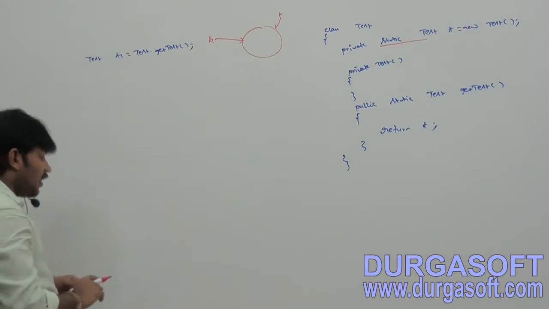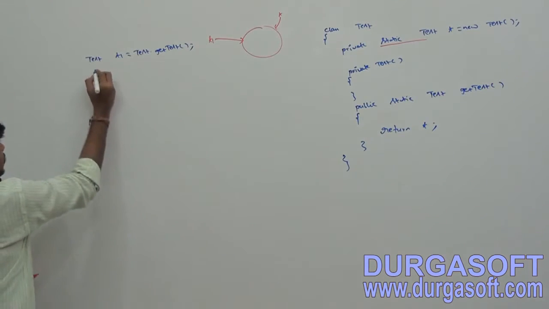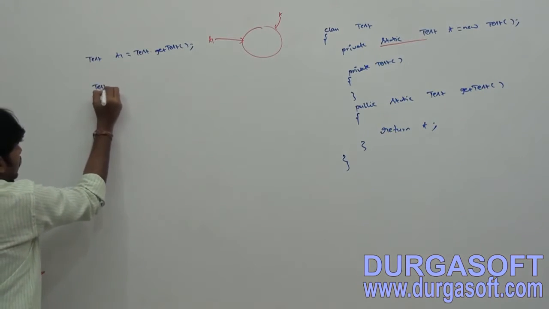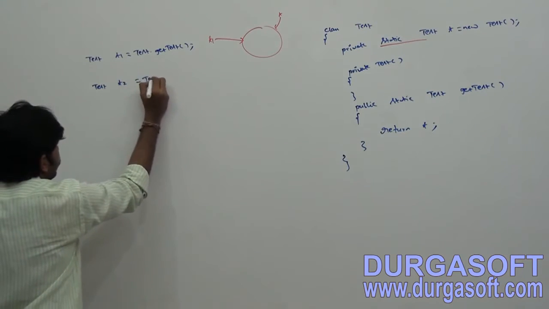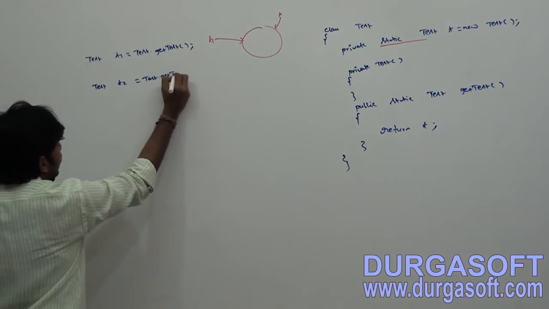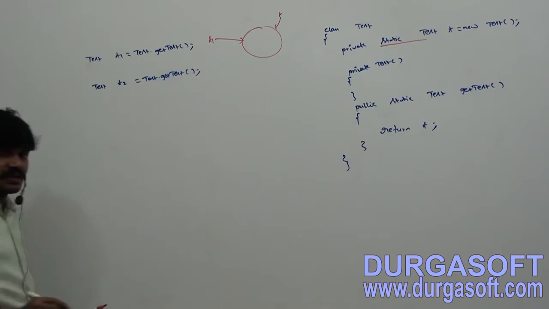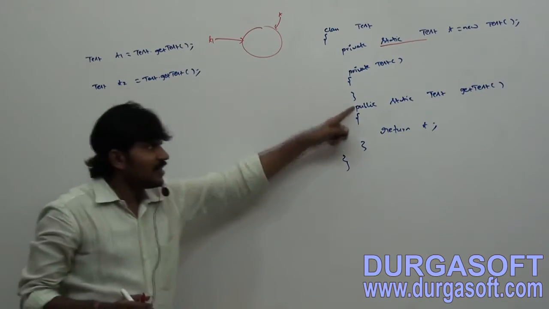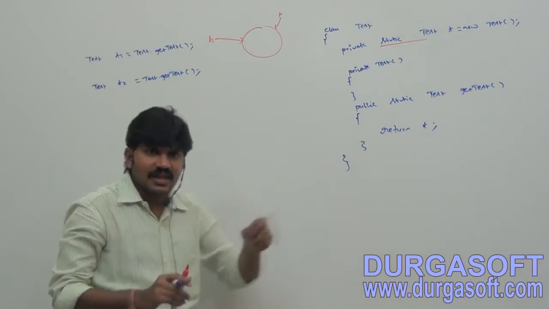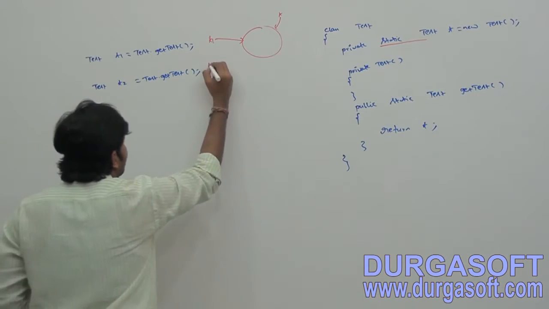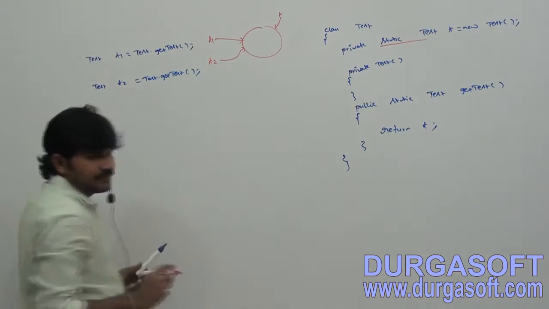Sir, after some time another person asked, Test t2 is equal to Test.getTest(). Sir, the getTest method always returns what? t, the existing object only. That's why the t2 person also gets the same.